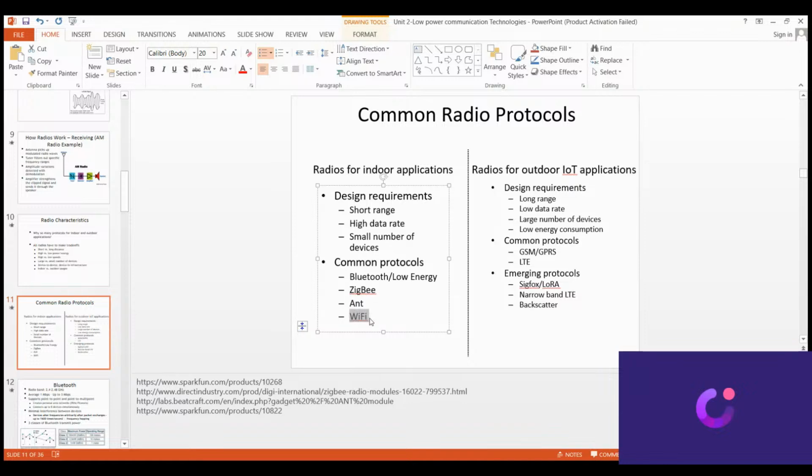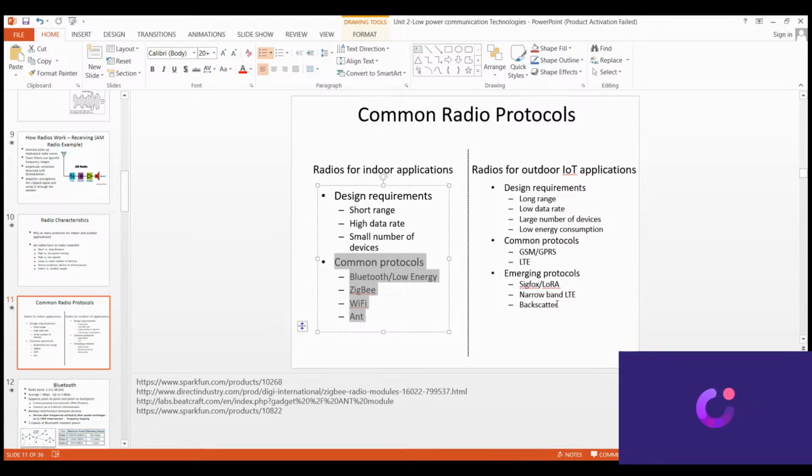So these are the common protocols you could use for indoors.